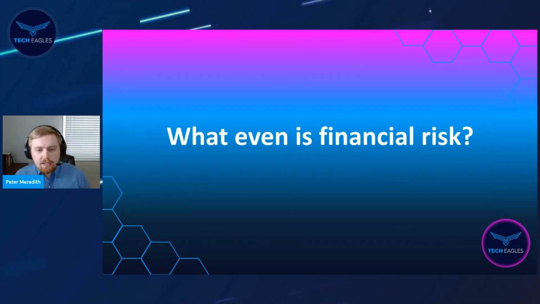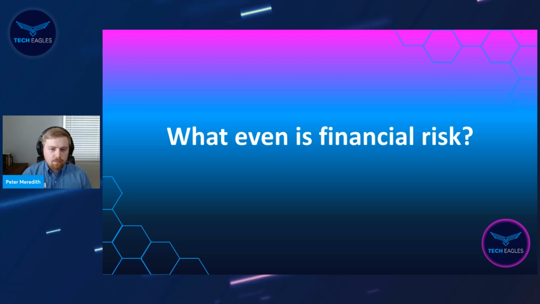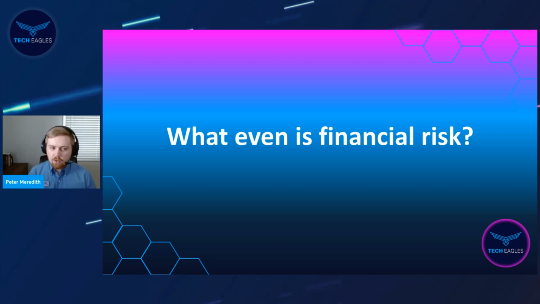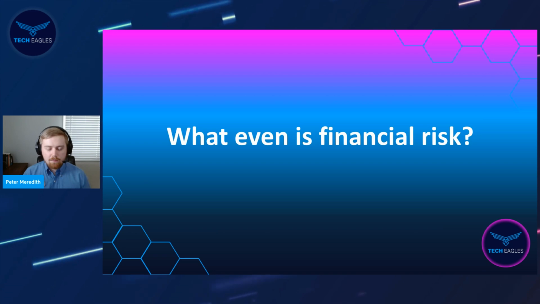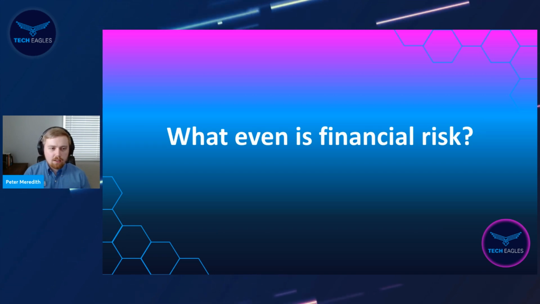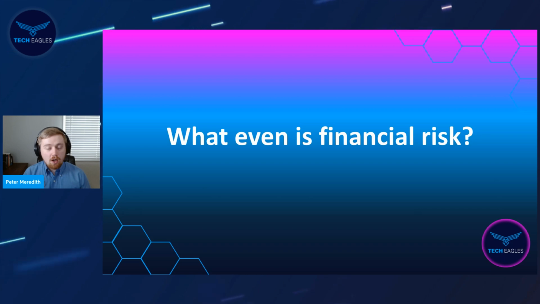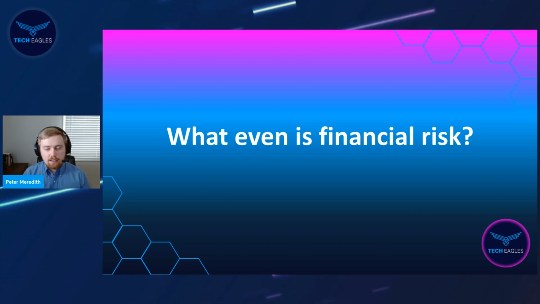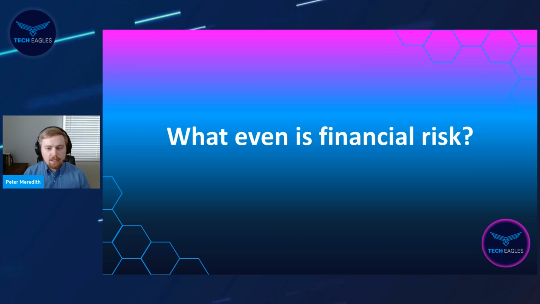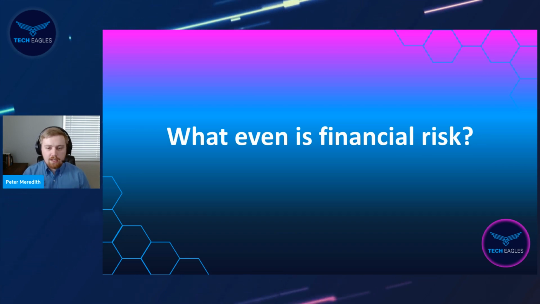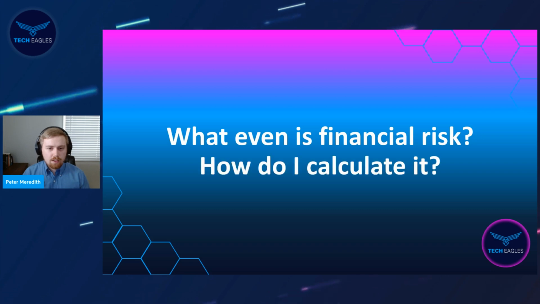Now, what even is financial risk? Well, it's pretty easy to calculate on paper, but difficult to calculate in reality. You simply take the likelihood of an event occurring and multiply it by the cost that you would have to pay in that event. So you may be able to see the difficulty here in our situation. There are multiple different types of attacks and different costs for each one.